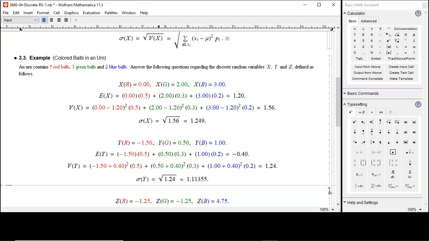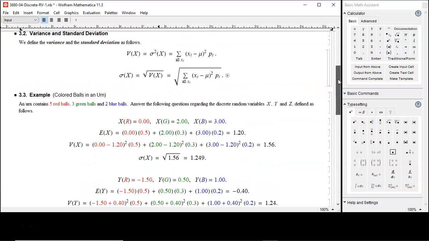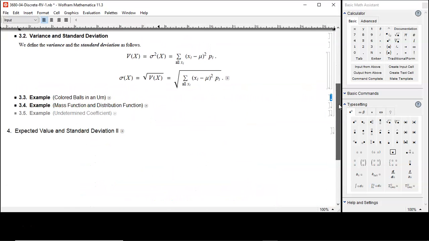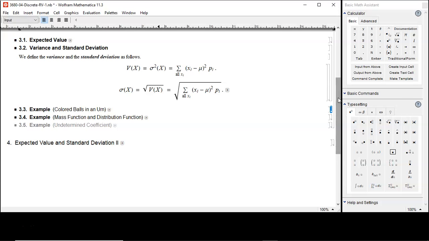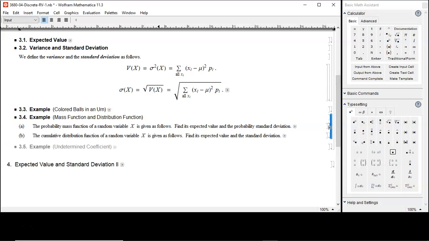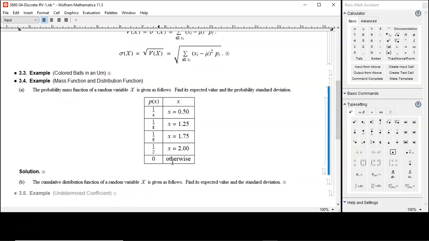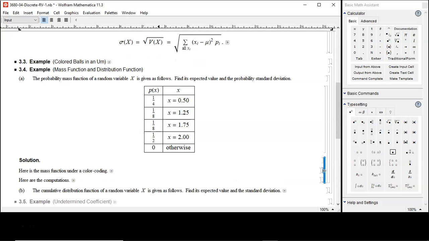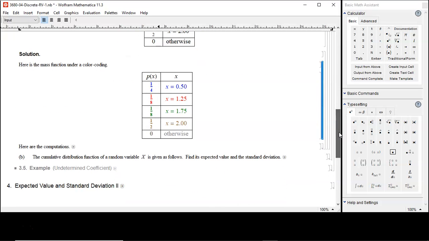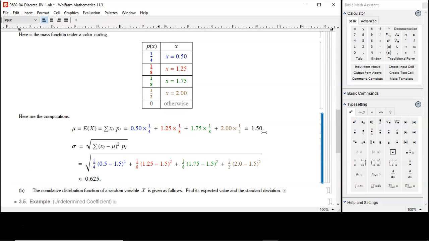Okay, so we went through some computation of variance and standard deviation. Now, what if we have a probability mass function instead of that earned model? Well, like this. And then we can calculate the expected value rather easily. Just multiply, multiply, multiply, multiply, and then add them all up. And there's a computation.